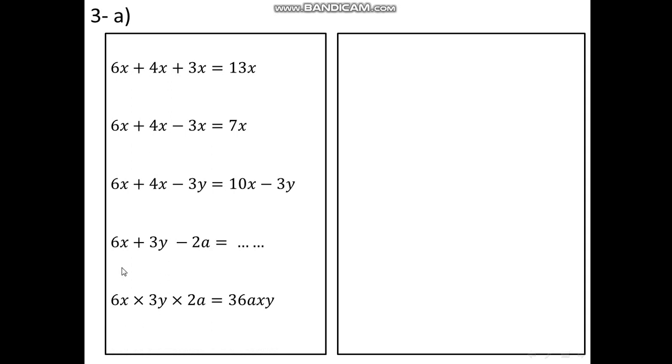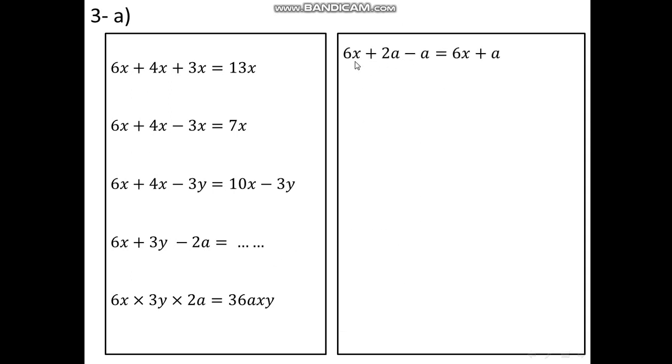Only when it is 6x multiplied by 3y times 2a, then you say 6 times 3 is 18, times 2 is 36, and then you multiply x times y times a in the correct alphabetical order. You can do that only when it's multiplication, but we have only plus and minus.